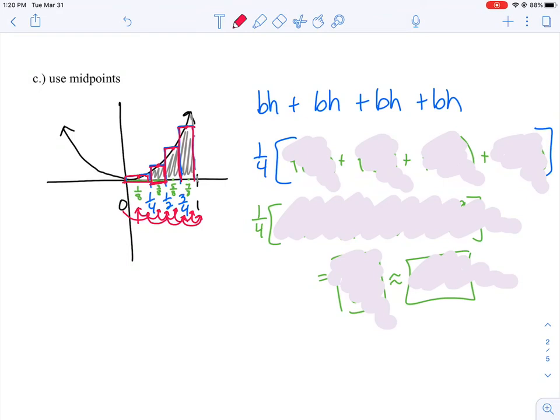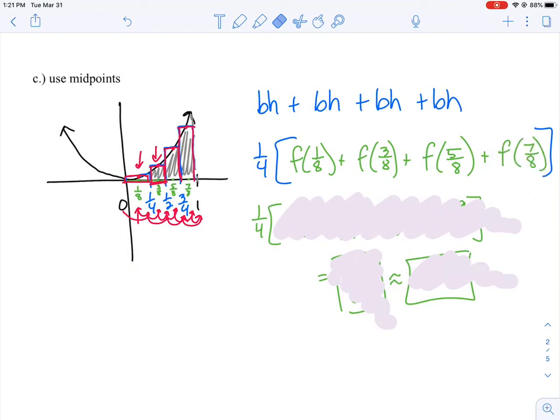The height of my first rectangle corresponds to that middle point when x is 1/8. The height of my second rectangle corresponds to when x is 3/8. The height of my third rectangle corresponds to when x is 5/8, and the height of the fourth rectangle corresponds to when x is 7/8, the middle of each of those rectangles.